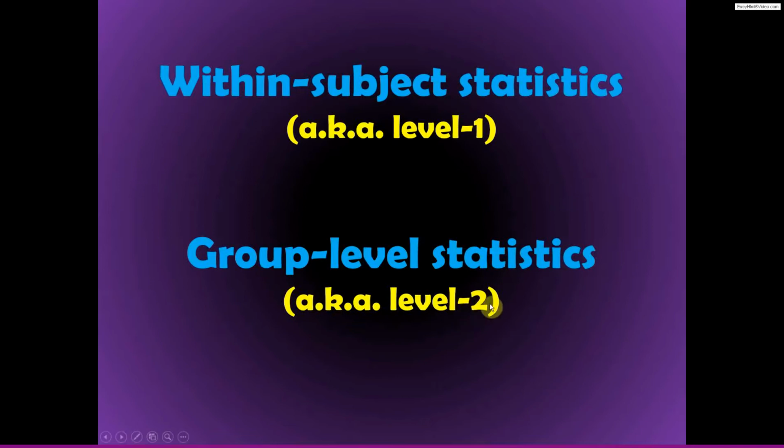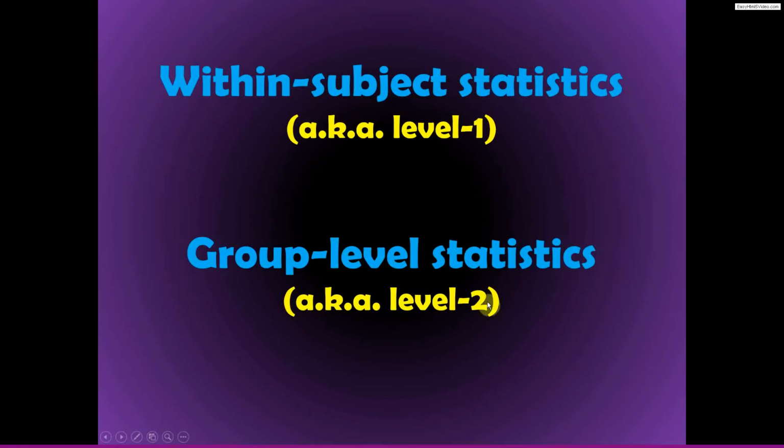So level 2 would be trial averages within each subject, and now at the group level, you're doing your analyses based on these trial averages. Sometimes people call level 1 single trial analyses, although typically you're not analyzing single trials, you're analyzing lots of trials within subjects, so I prefer the term within subject analyses.